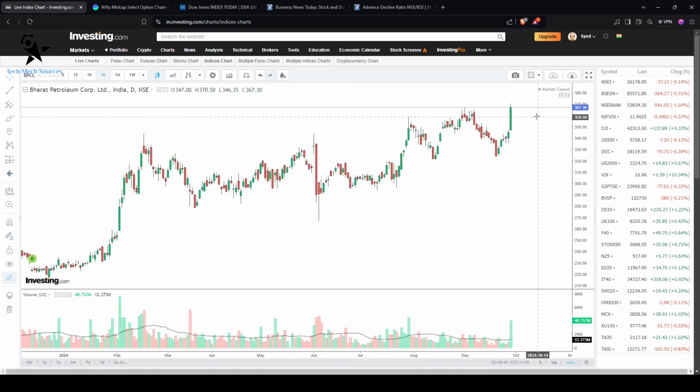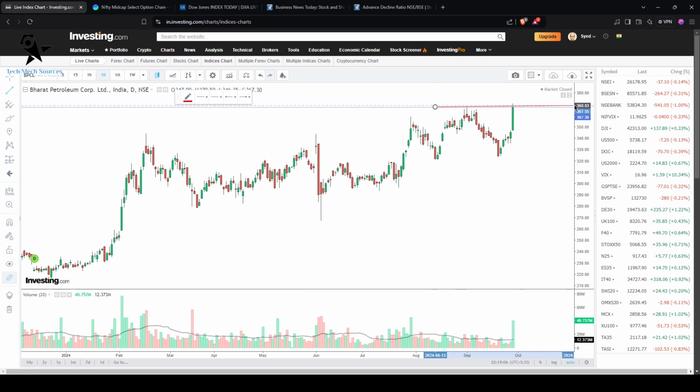367.3 is the spot price. Again, if I see the daily chart, it is on a higher side. So we have to see how it behaves tomorrow. Let me draw the trend line here.